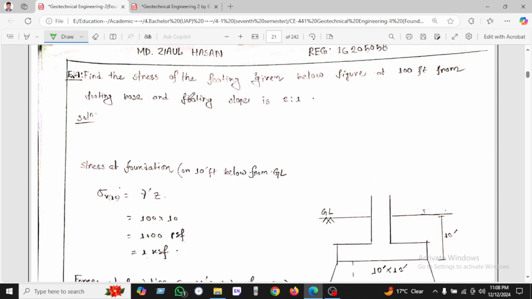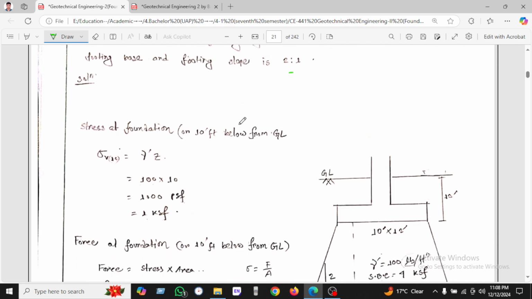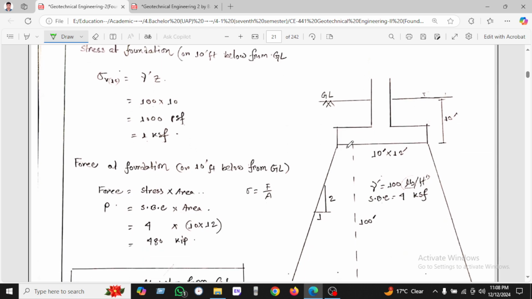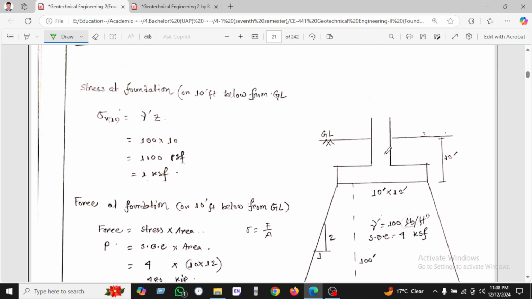Find the stress of the footing given below in the figure. 100 feet from footing base and footing slope is 2:1. So let's see. The stress at foundation is 10 feet below the EGL. This is given in the question.